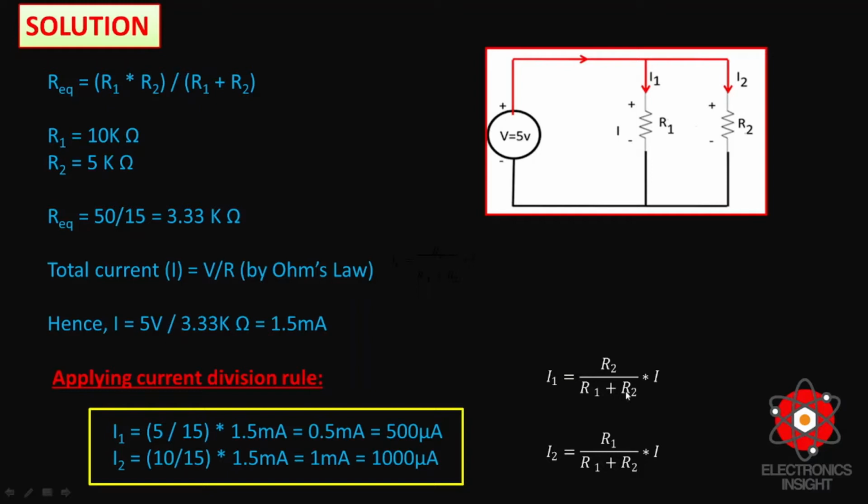As per the current division rule, we need to write the total resistance, that is the sum of all the resistances available, whether series connected or parallel connected. So the sum of the resistances gives R1 plus R2, times the total current I. Similarly, to measure the current across R2, I2, we take the opposite branch resistance, which is R1, divided by the total resistance, times the capital I. Substituting all the given values, since we know R1, R2 and the total current, I have calculated the theoretical values: I1 across R1 as 500 microamps and I2 across R2 as 1000 microamps.